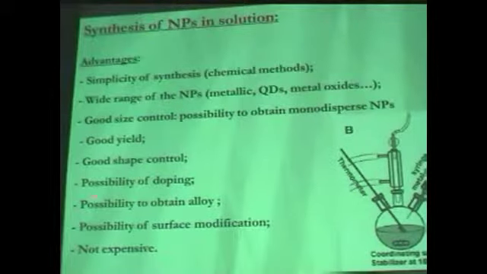We also have the possibility to dope the nanoparticles and obtain mixed nanoparticles in which the quantity of one of the metals may be distributed either homogeneously in the nanoparticles or gradually, and we can obtain different kinds of doped nanoparticles. And also we can obtain alloy nanoparticles.